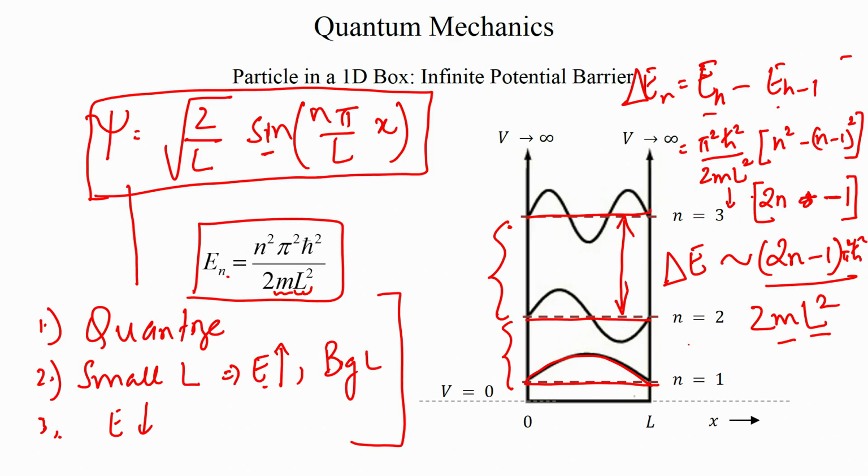Okay, so for a large box, not only is their total energy small, the energy gaps between two subsequent energy levels is also small, for a large box. And similarly, the energy gap between two successive energy levels for a large particle with a large mass is also small.